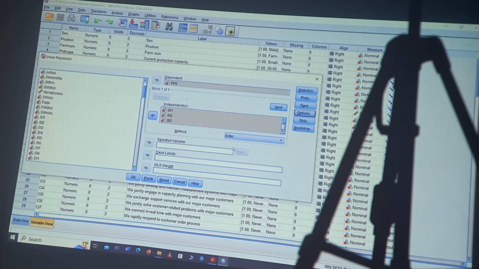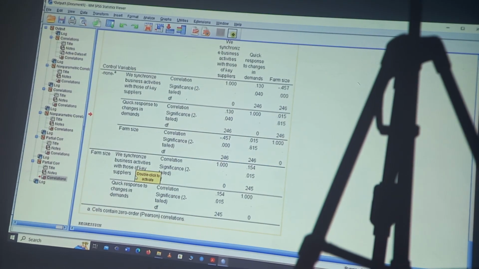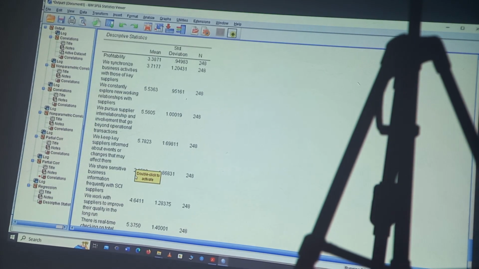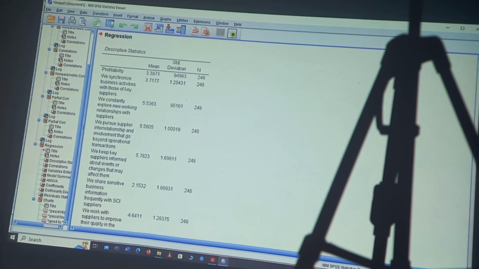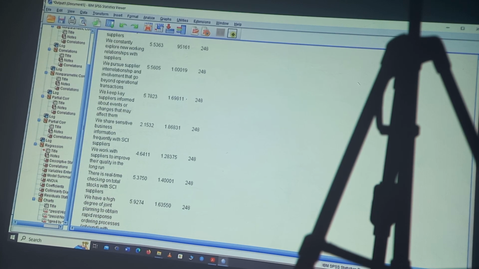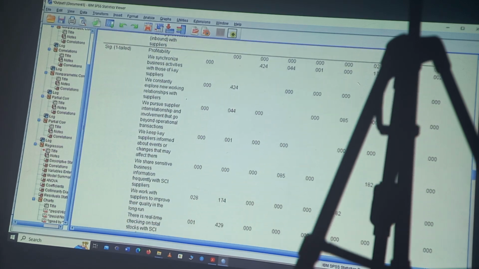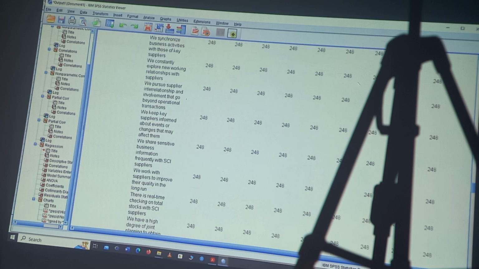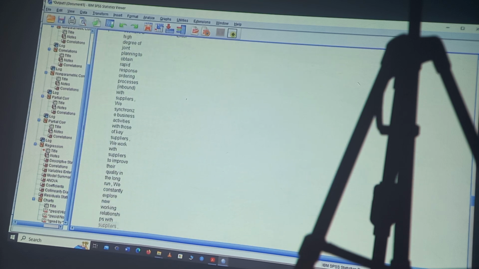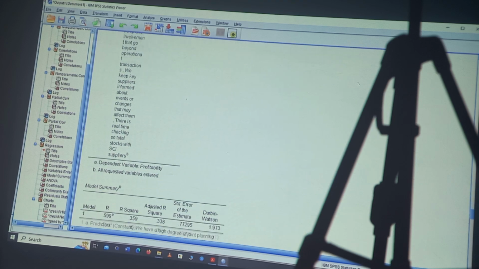Is it selected? Okay, yeah. So just click on OK, that's all. Click on OK. And your results will come, boom. So the descriptive statistics are there, and correlations are there, which you are not much concerned with. When you run it, you have a host of results, right? And which tables do you have to consider first?